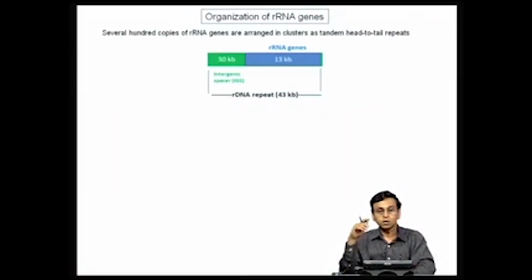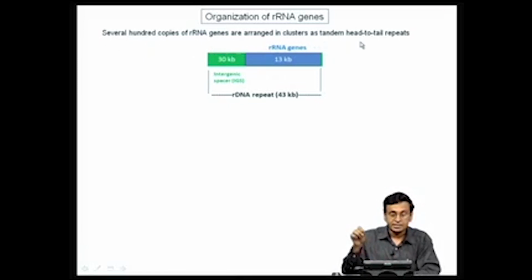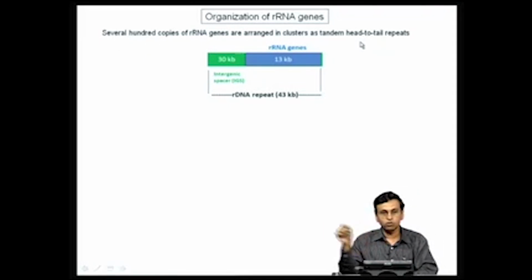As I told you, in order to synthesize these huge amounts of ribosomes which the cell requires to make proteins, the ribosomal DNA has to be present in multiple copies. Several hundred copies of ribosomal RNA genes are arranged in clusters as tandem head to tail repeats in the genome, and they are all present inside the nucleolus.